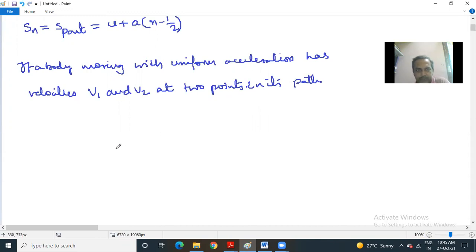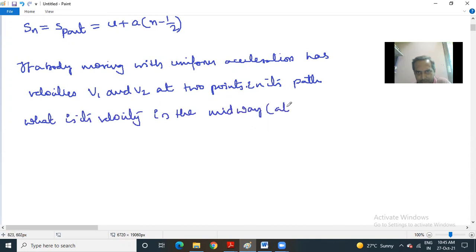The question is, what is its velocity in the midway, or in the midpoint, you can say. At the midpoint.